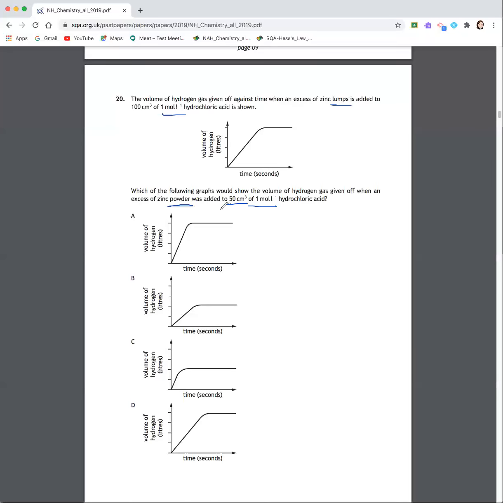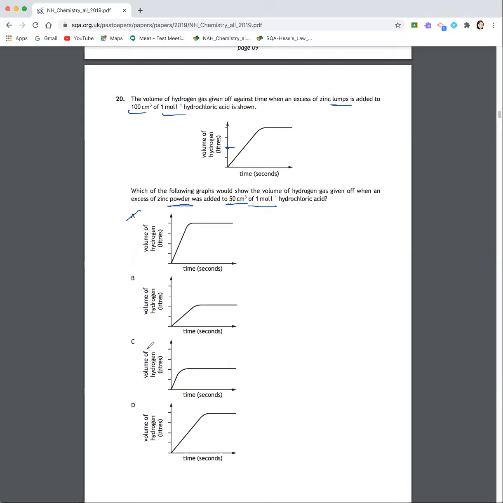Now, the zinc's in excess, so if you're going to decrease the volume of the acid, then that is going to change the amount of hydrogen you make. You're only going to make half the amount of hydrogen because you have half the volume of acid with the same concentration. That means we want the end volume of hydrogen to be at this line.